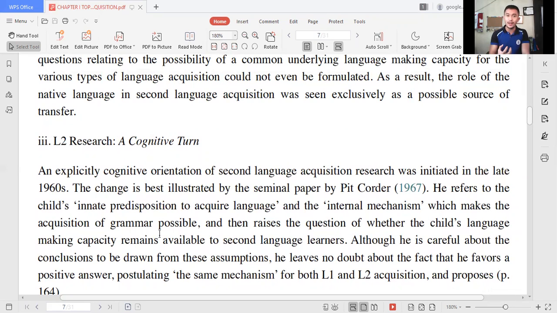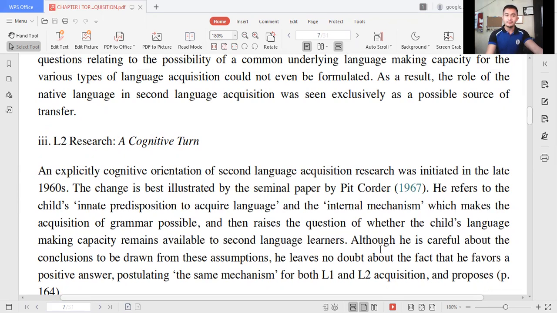This is very significant in understanding the cognitive processes of the child as they develop in acquiring the language. That is why there is a need for us to understand brain development at the same time as the child's development, because the child's development matches the brain development as they acquire the language.